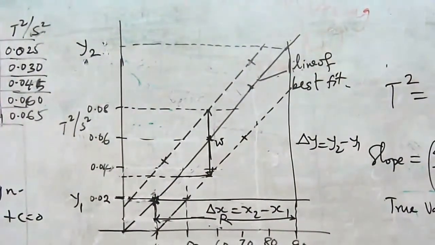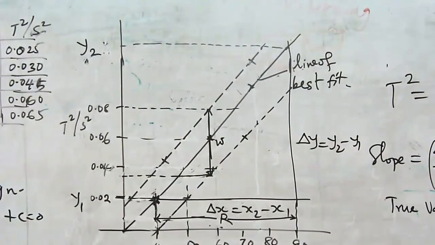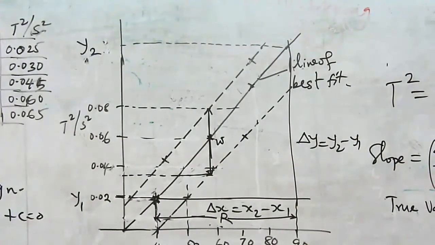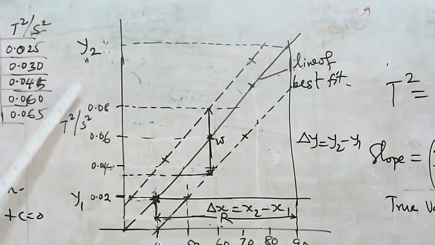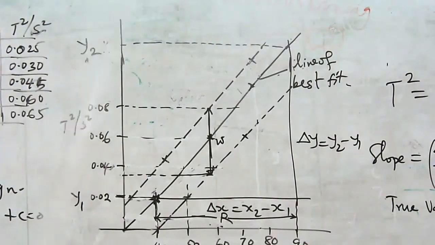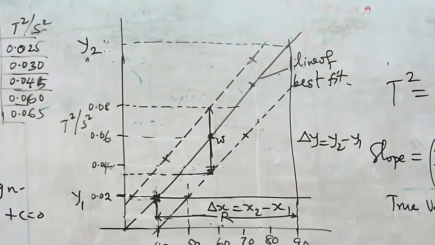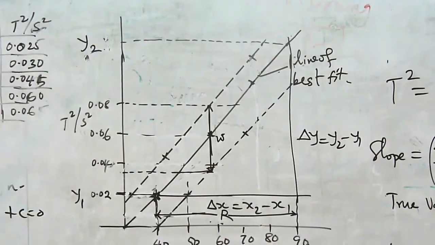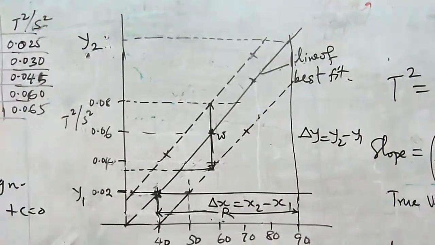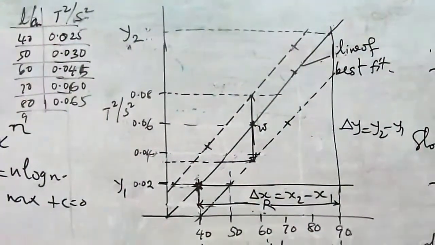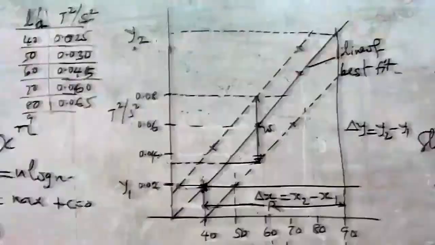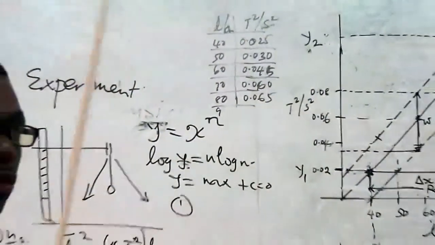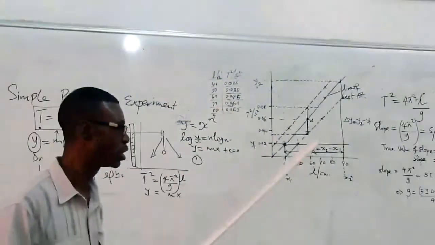So units of scale must be selected in such a way that it gives enough room to cover the space, either on the y-axis or on the x-axis. That's very important. Number two is that having been able to select your scale correctly, you have to take note of the fact that you don't fix points in your graph.